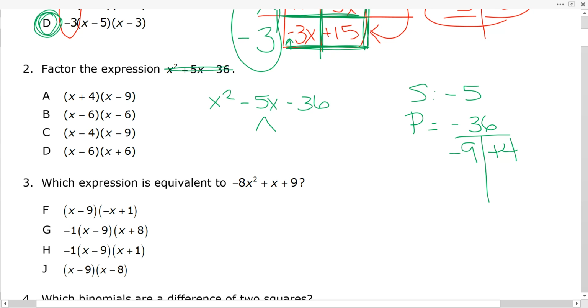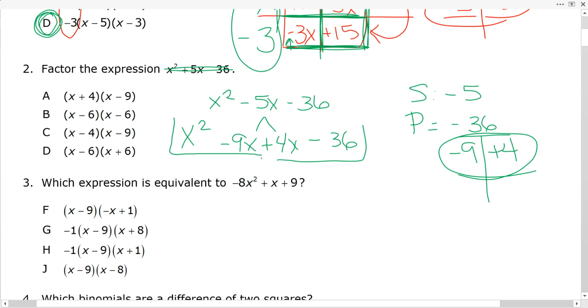So I'm going to take my -5x and I'm going to blow it up into my magic numbers. My x squared stays and my -36 stays. But instead of -5x, I'm going to write -9x plus 4x. And then I'm going to find the greatest common factor of each one of these two. For the left side, it's going to be x.